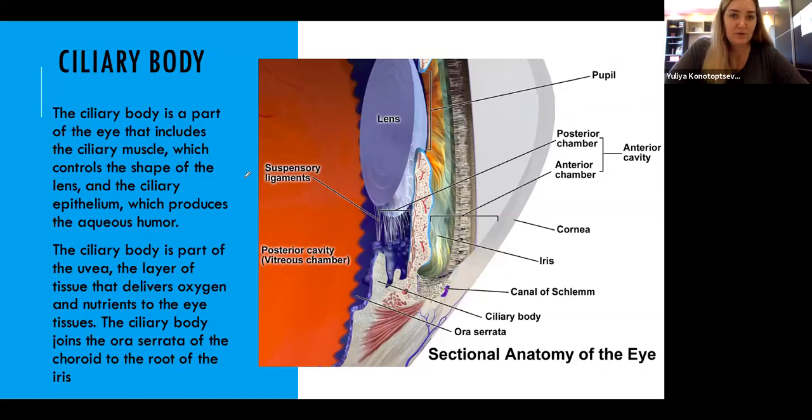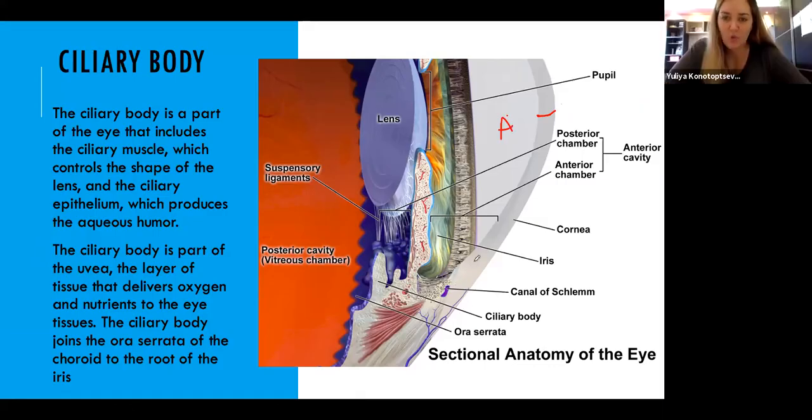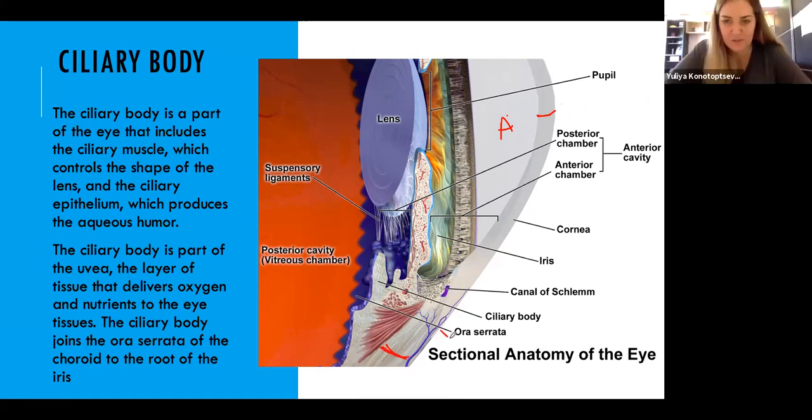Okay, let's talk about the ciliary body. Again, maybe a little bit of anatomy, because anatomy is very important for the eye, right? This area right here is your cornea. What is here? Anterior chamber. You can see that this is the part where the cornea becomes what? Sclera. On the surface of the sclera, what should be here?